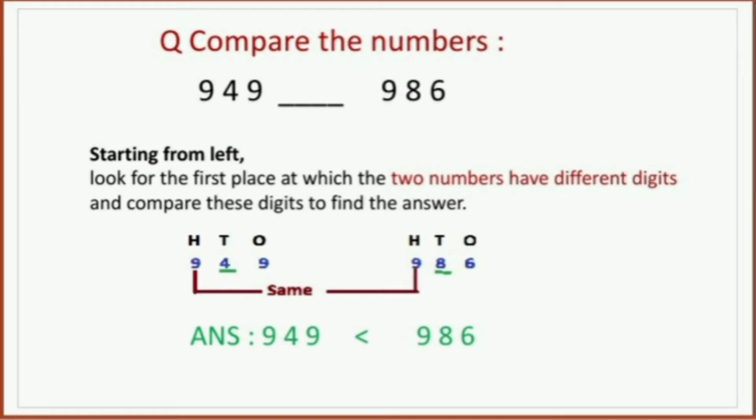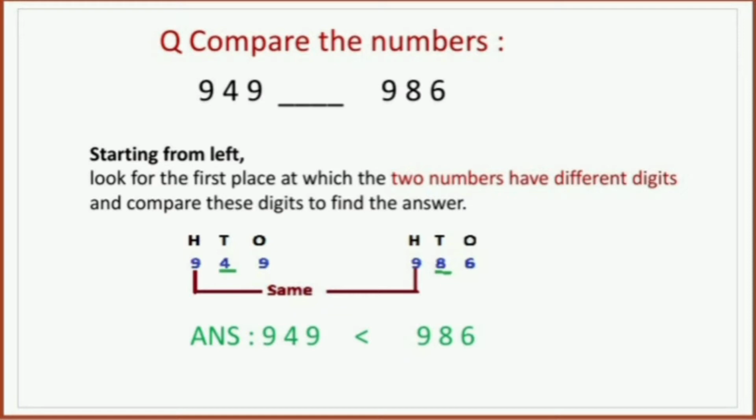See one more example. The numbers to be compared are 949 and 986. So once you write the number, that is the places for ones, tens and hundreds, now look for the first place at which the two numbers differ in digits. Okay, so in hundreds place both the numbers have 9, which are the same.